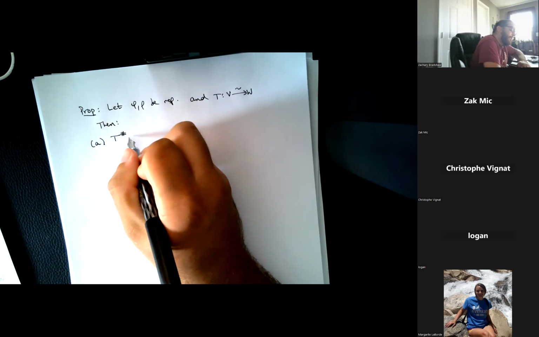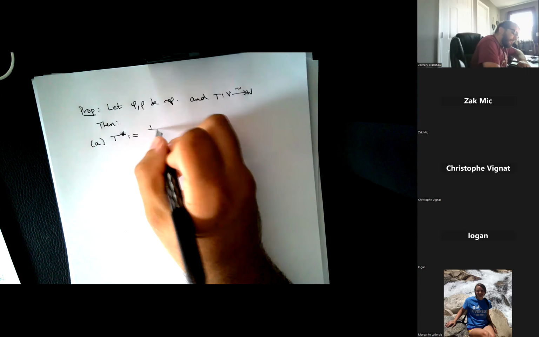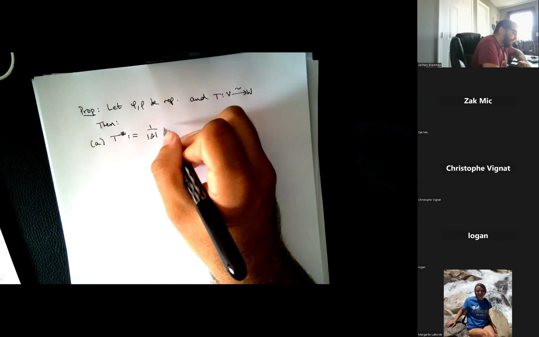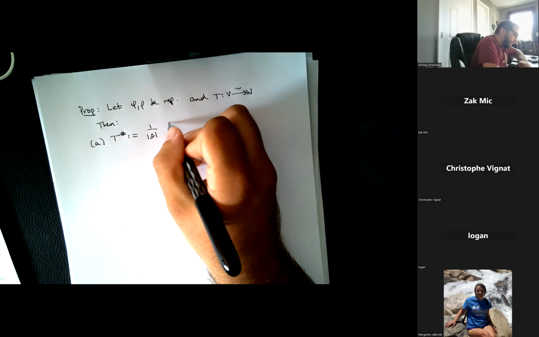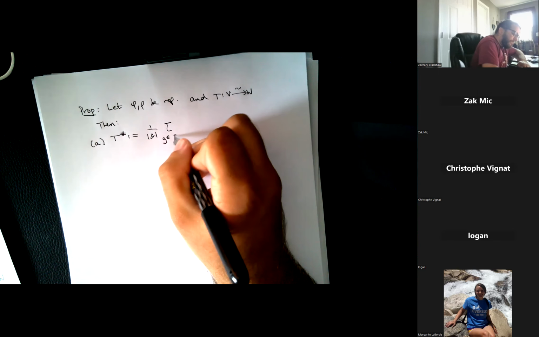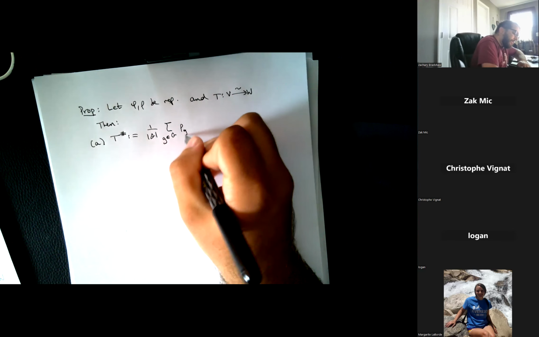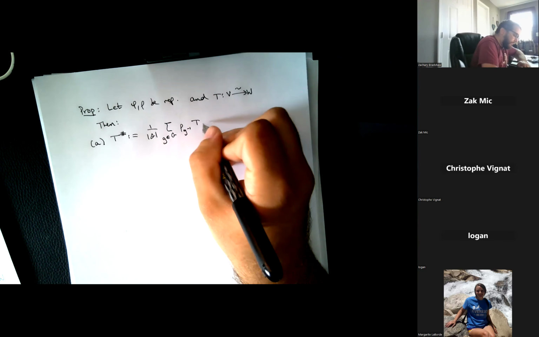The map called T sharp, which is defined by Weyl's unitary trick here. Steinberg calls this an averaging trick, which is really a good name for it, I think.